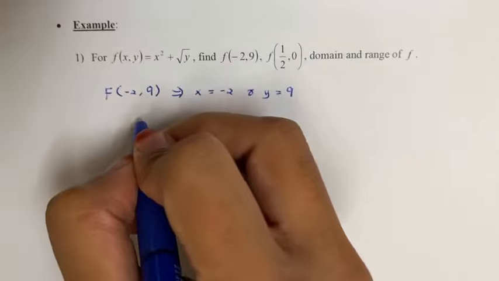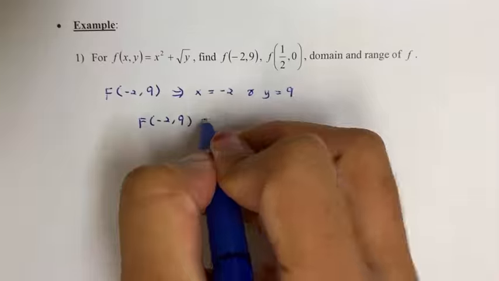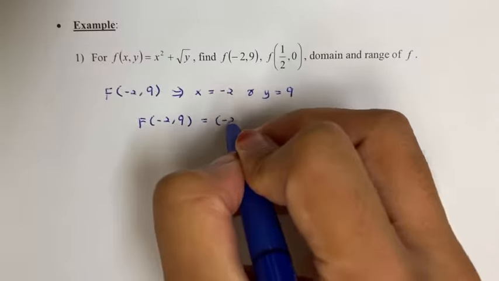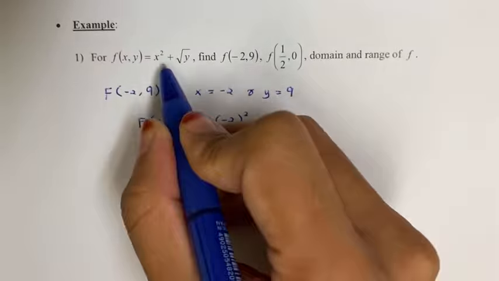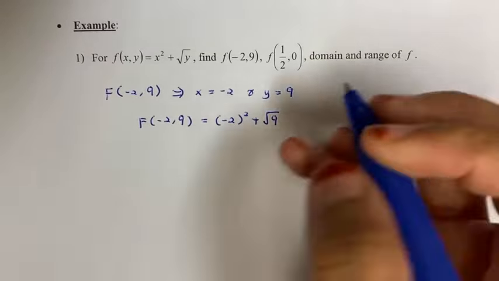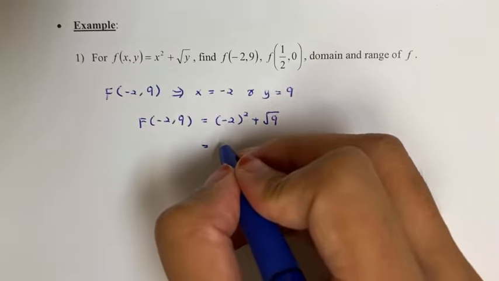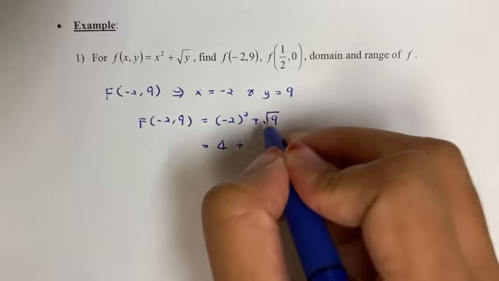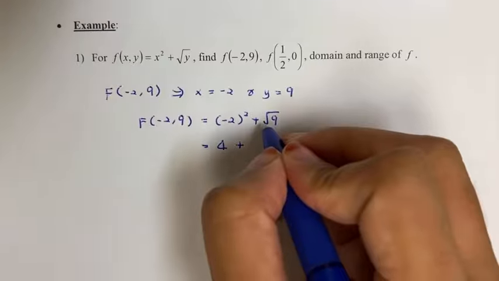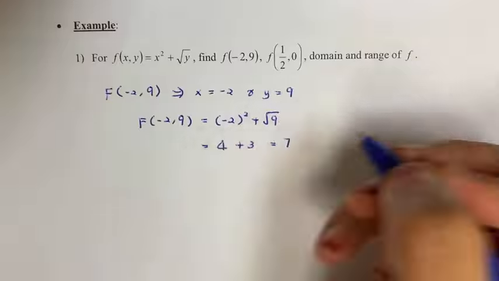So f(−2, 9) is equal to (−2)² + √9. Use your calculator: (−2)² is positive 4, plus √9 is 3. So for this, you have 7.